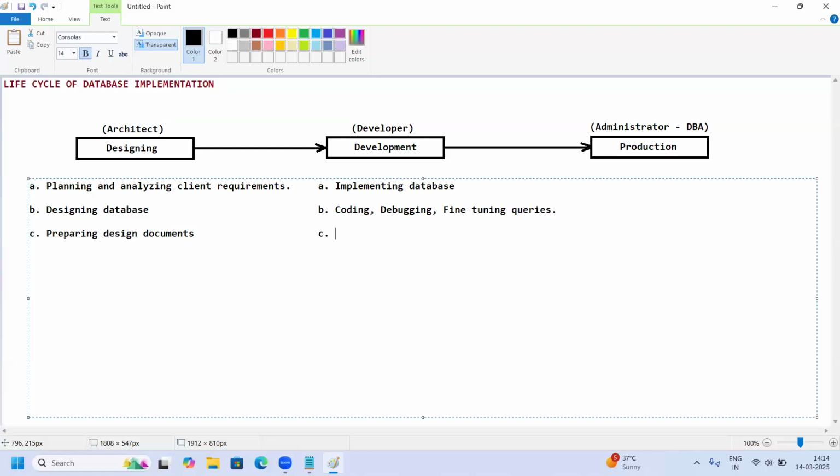And after writing the code, if there are any issues in the code, you are the one who is going to debug that code. And you are the one who is involved in writing fine-tuned queries. Fine-tuned queries always depend on two factors. Queries should take less time to run.